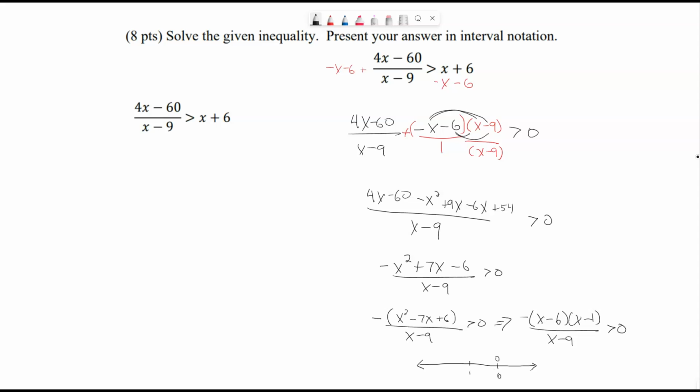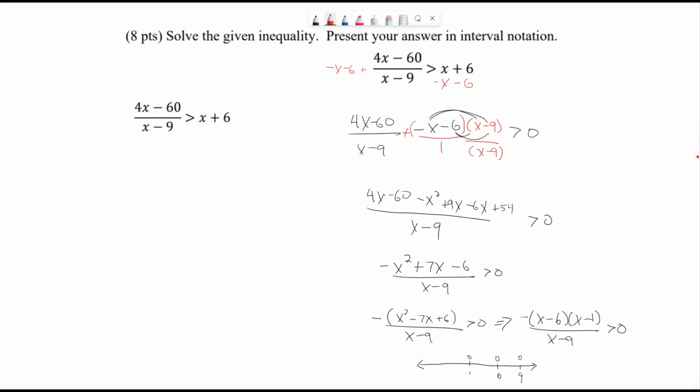It can't equal 0. Hollow dot. And 9, this is a divide by 0 error. Definitely don't include that. So we have potentially left, two middles, and a right, 4 intervals that could be part of our answer.